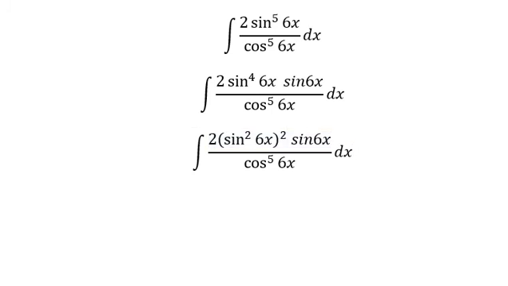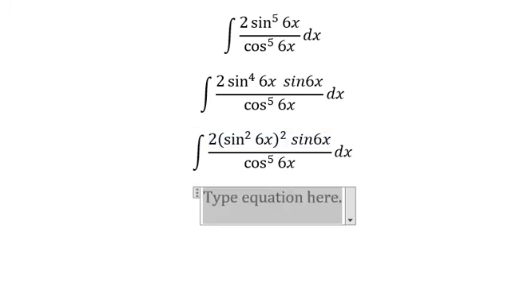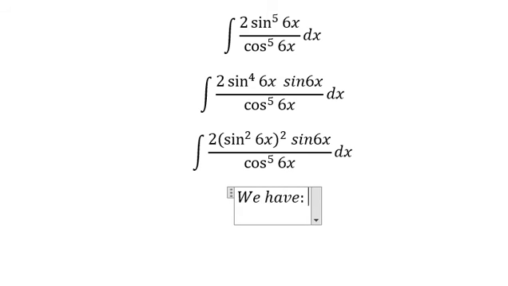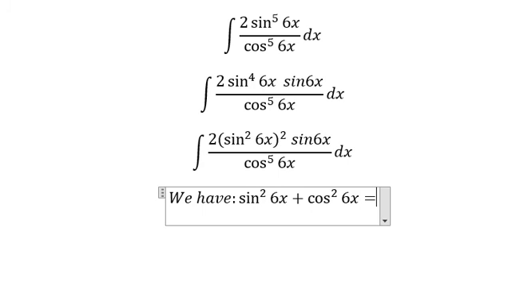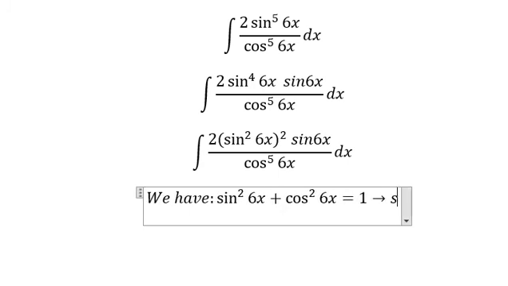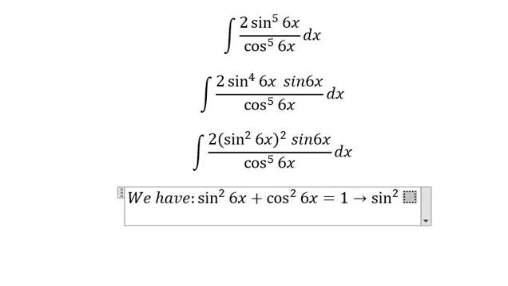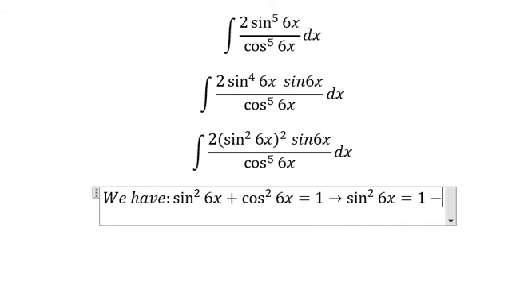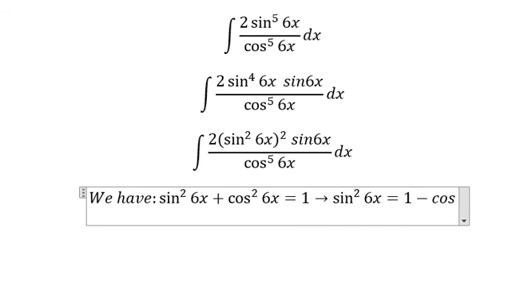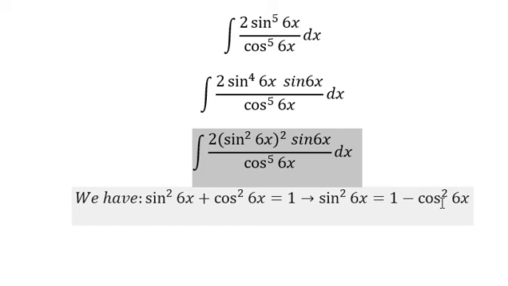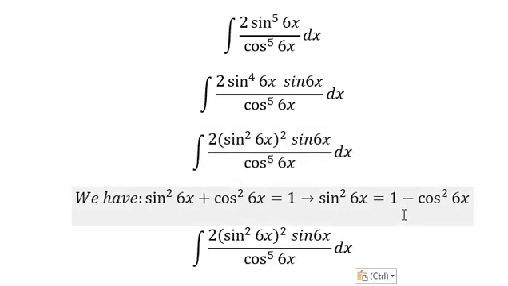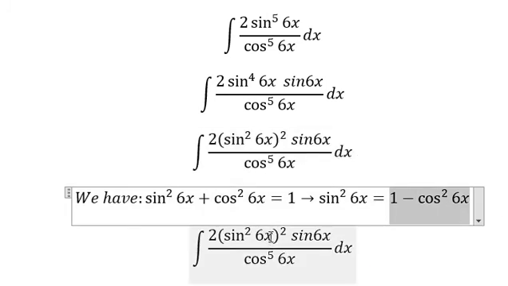So we have the formula in here: sine 6s squared plus cosine 6s squared equals 1. So that means sine 6s squared equals 1 minus cosine 6s squared. So we put this one in here.